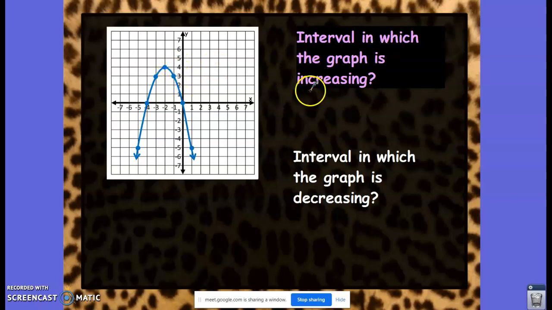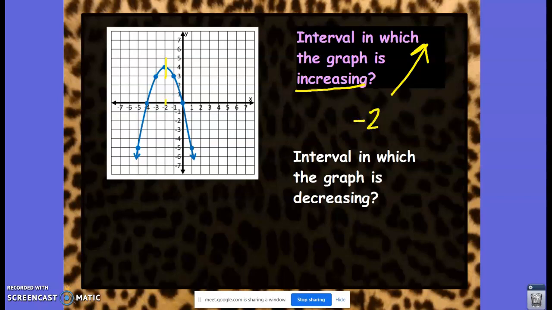So if you're trying to find when the graph is increasing, use your knowledge of slope. And when slope is positive, that means it's increasing. So this graph is increasing as it goes from left to right until it gets up to its vertex. So I'm going to look at my x value and determine where it starts that change. And it's starting that change at -2.